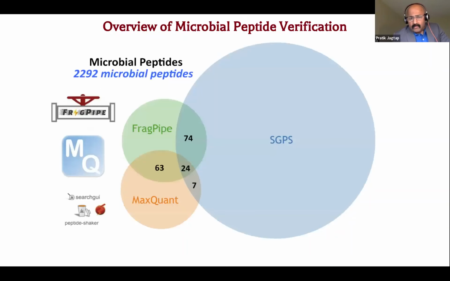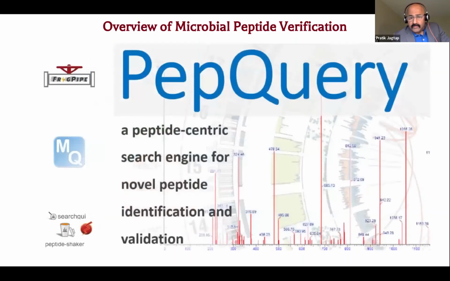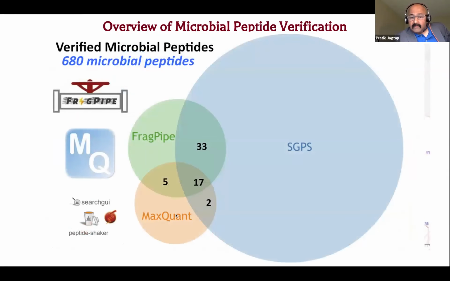Again, this is just the proportion of the number of peptides that were detected by each of these methods. And when we use PepQuery, which is agnostic to any search algorithm, it looks at the peptide and tries to find out the evidence for that peptide being present in the sample. We ended up getting much fewer, but confident peptides that were detected by either 2 or all 3 of the search algorithms.